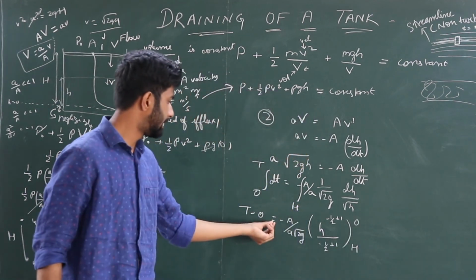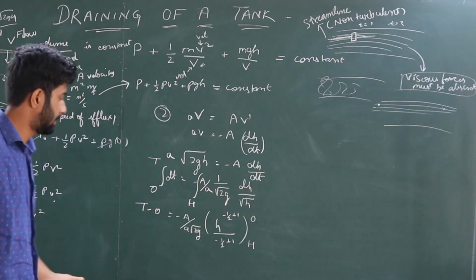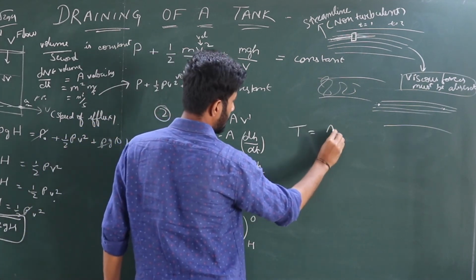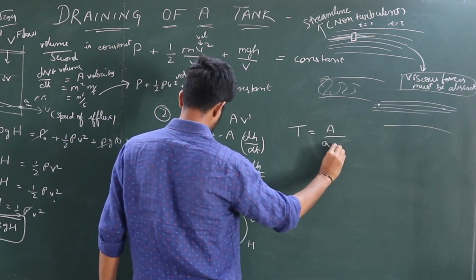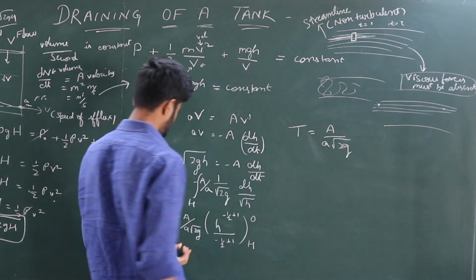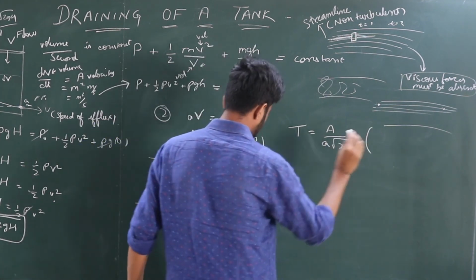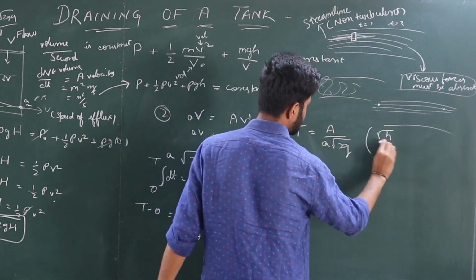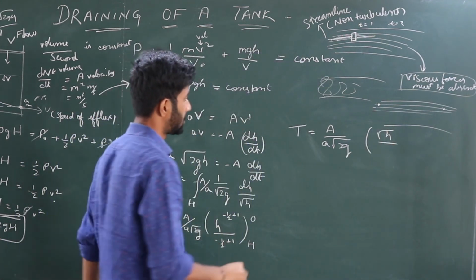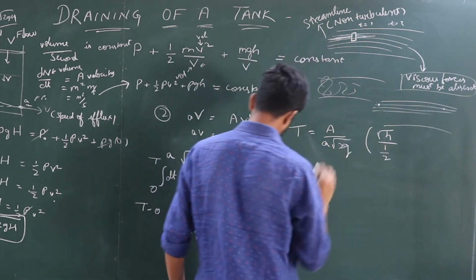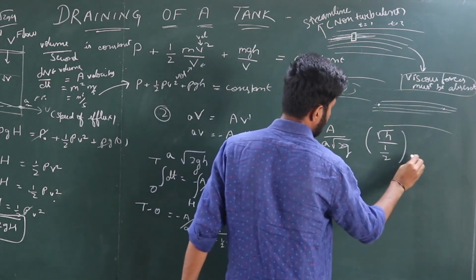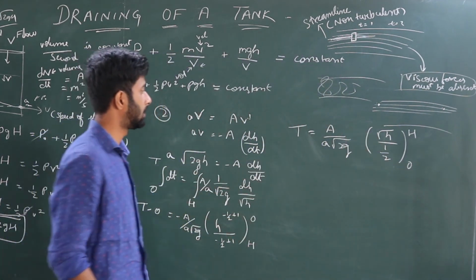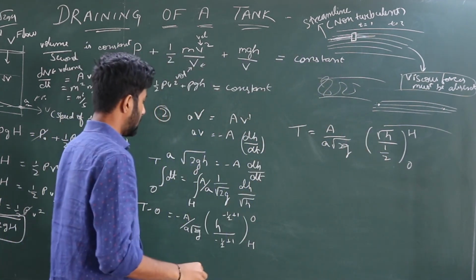I can send this negative sign inside and reverse the limits. So this capital T is equal to a by A into root 2g, into root h divided by 1 minus half, which is half, and the limits are now 0 and H, reversed because I've taken the negative sign that way.